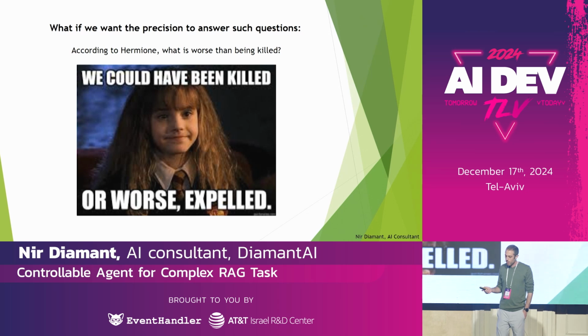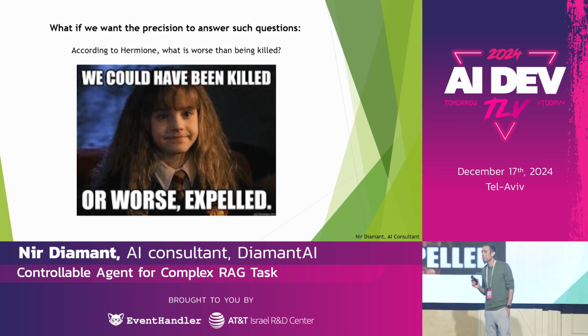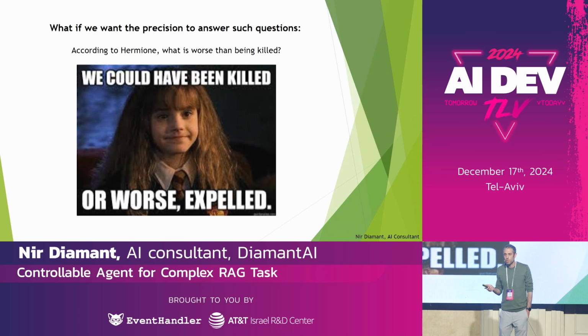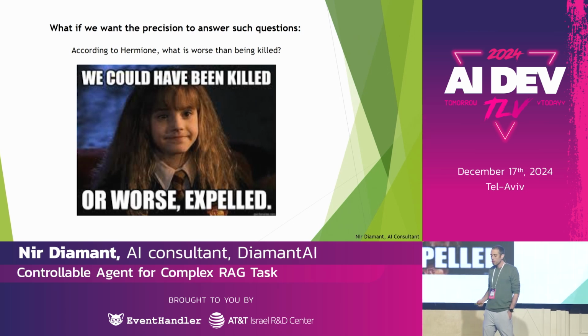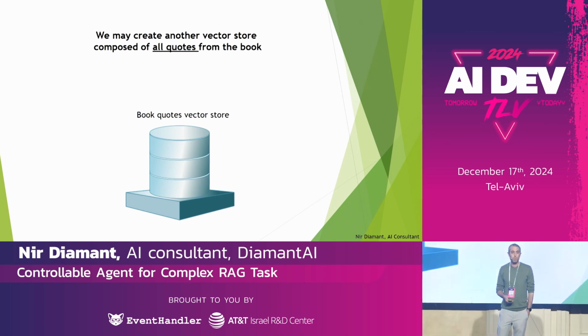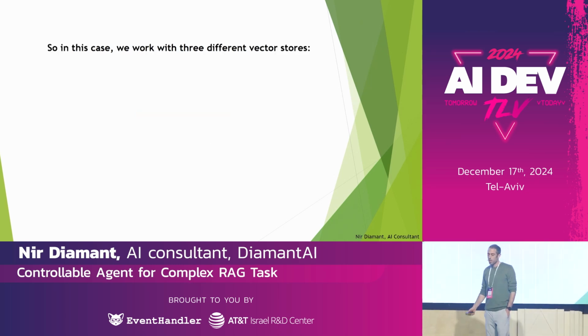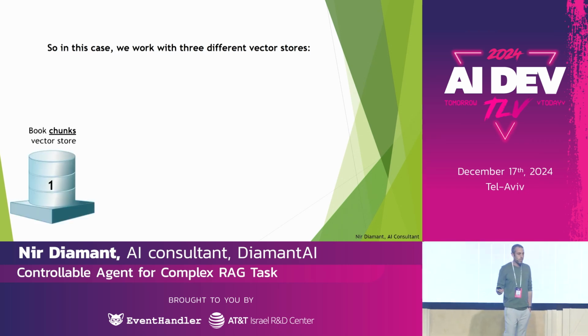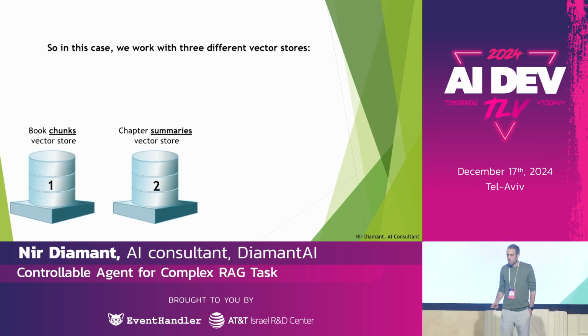You'll need the specific quote from the book, otherwise you cannot solve it using an LLM. So in this case, we can create an additional vector store composed of all the quotes from the book. So we have three different vector stores: the regular chunks, the summaries, and the quotes.